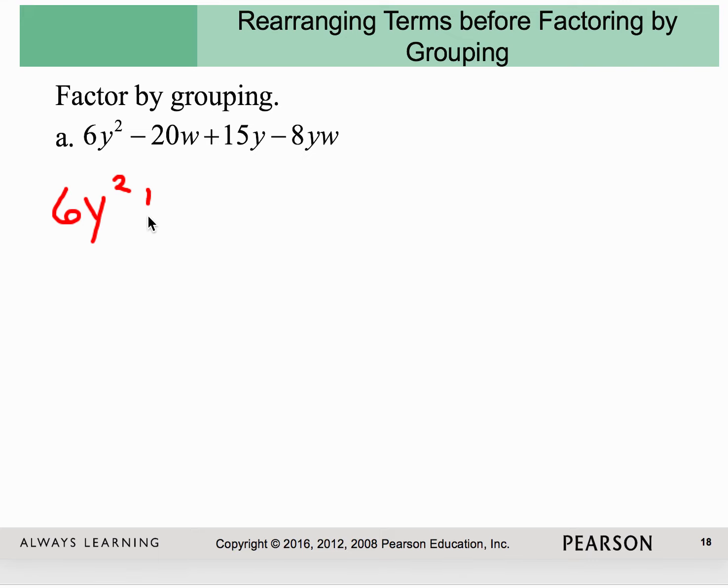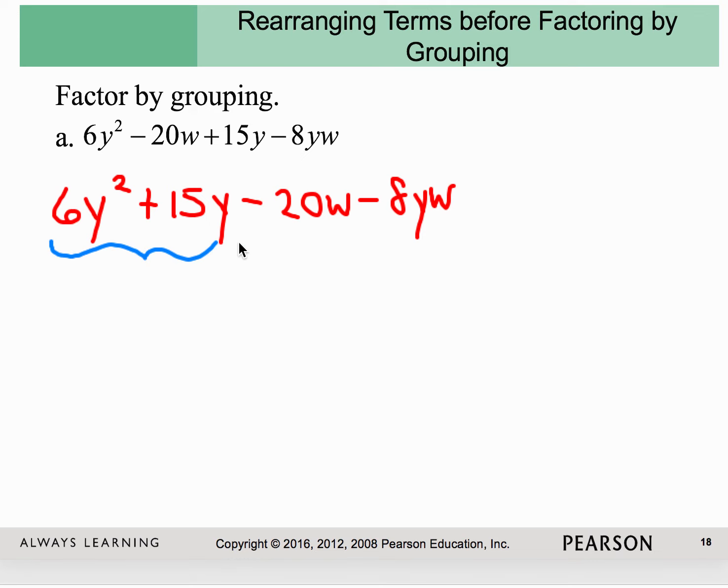6y squared plus 15y minus 20w minus 8yw. Okay, and now let's try to factor it with this arrangement by grouping. Here now I can factor out a 3y, and that leaves 2y plus 5.